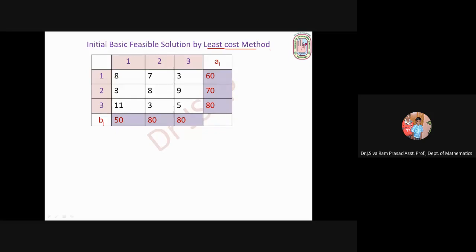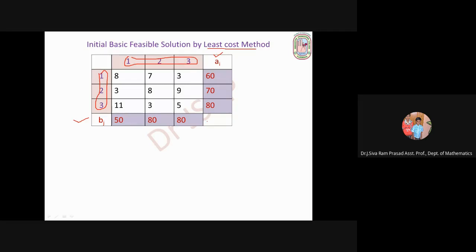Take the table. So these are row suffixes, first row, second row, third row. These are column suffixes, first column, second column, third column. These are available amounts at origins. These are required amounts at destinations. These are unit transportation costs. In the last column, write available amounts.